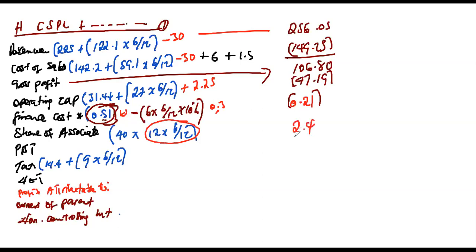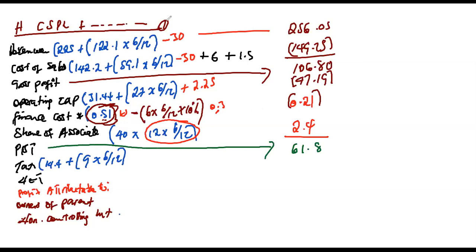So that's the profit. When we add everything together, what is our profit before tax? The operating expense, that's 47, right? Yes, 7.19. So that's our profit before tax.